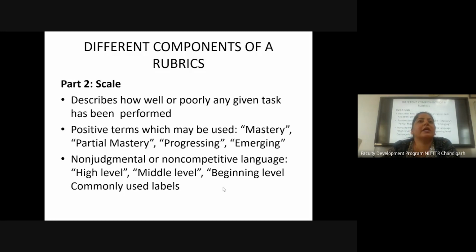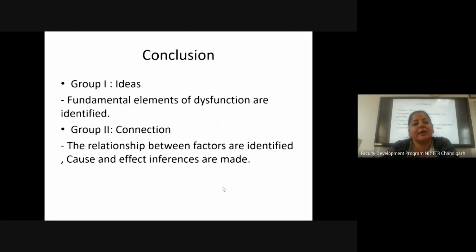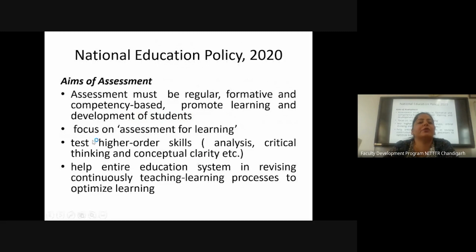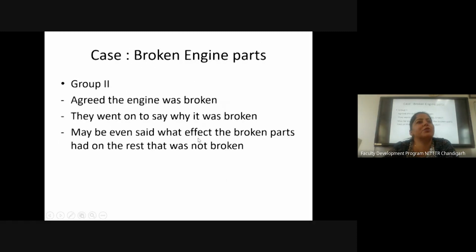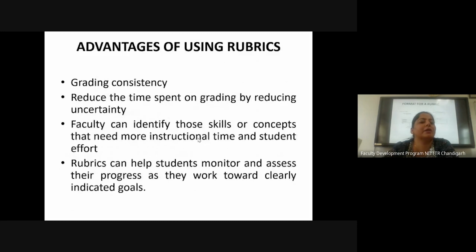And whenever we are designing a rubric for classroom assessment purposes, not internal evaluation, when you are talking about a classroom assessment activity, there must be a positive kind of vocabulary, there must be non-judgmental and non-competitive language that needs to be used by the teacher. Because what is the purpose of classroom assessment? What is NEP focusing on? Focus on assessment for learning. We are not disengaging the student. Our purpose of assessment is to improve the learning ability among students.